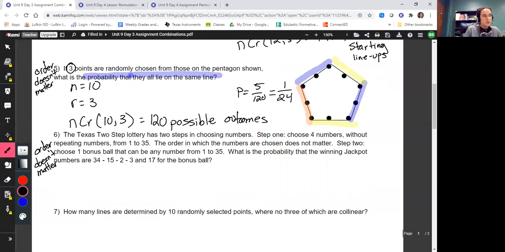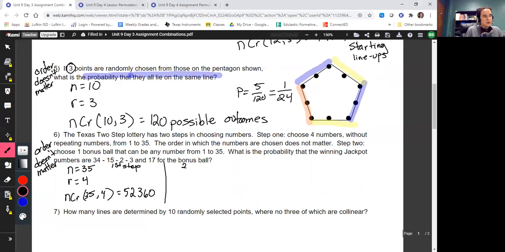The first one, we have 35 balls to choose from, and we want to choose 4 of those balls. So we've got nCr 35,4. Menu, probability, combination, 35,4, parentheses, enter, and we get 52,360. So that's the first step.